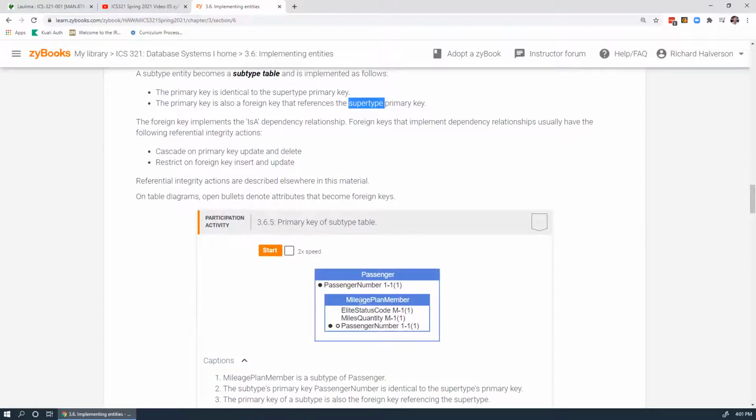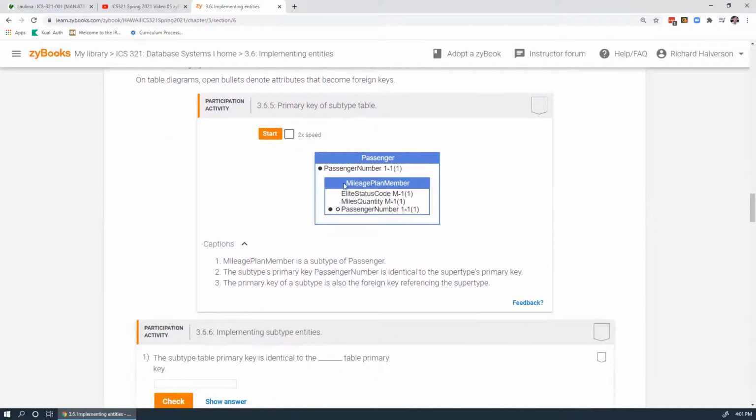So here you have a mileage plan number. Well, anyway, the mileage plan number is the primary key of a subtype table, which is okay.